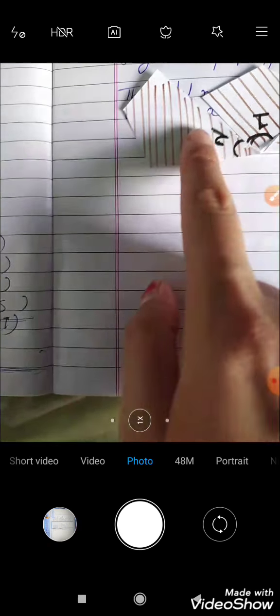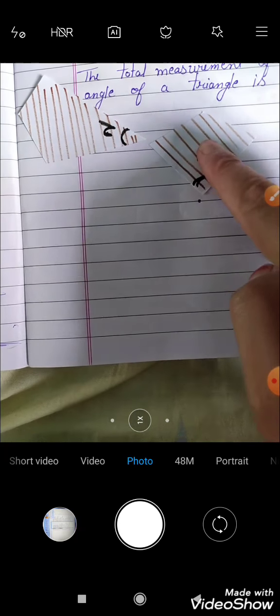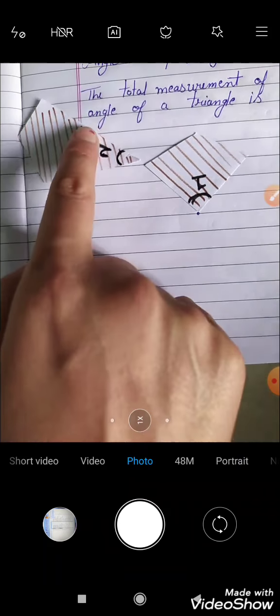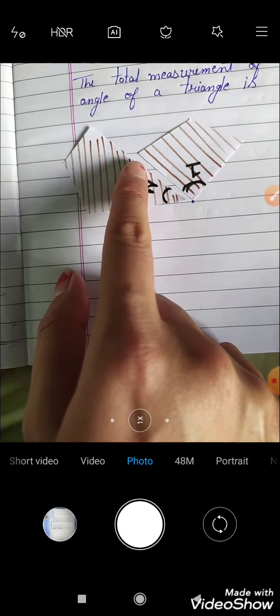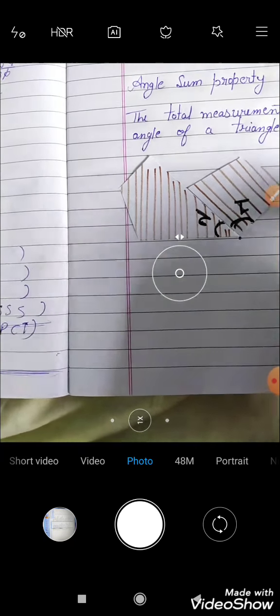For this you can draw a point here and put the vertices of all the angles at this point. First I put the vertex of angle 1, then the vertex of angle 2, and at last the vertex of angle 3.